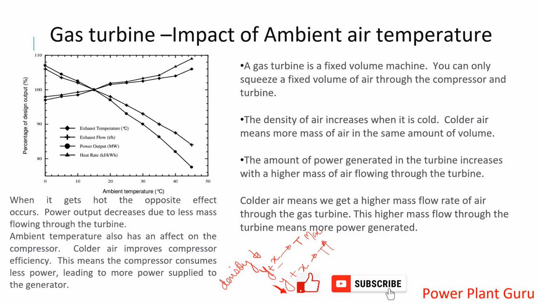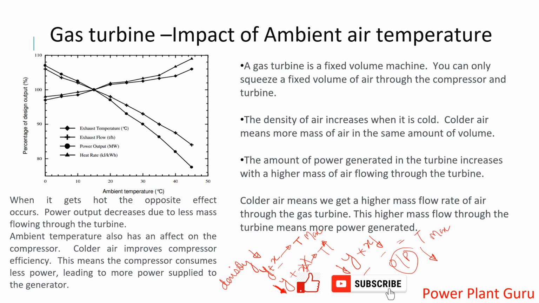So you cannot push that X amount. With the reduced Y, you have to reduce X also to maintain the same maximum firing temperature. As fuel and air are reduced, your output of the machine will also reduce.